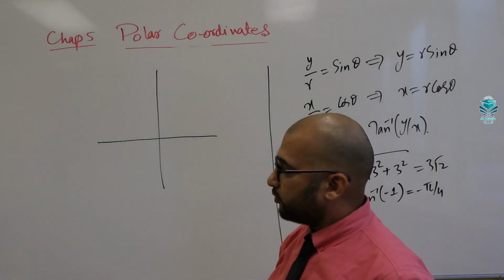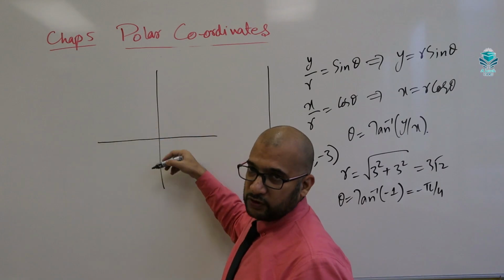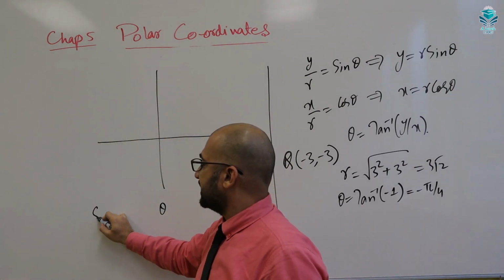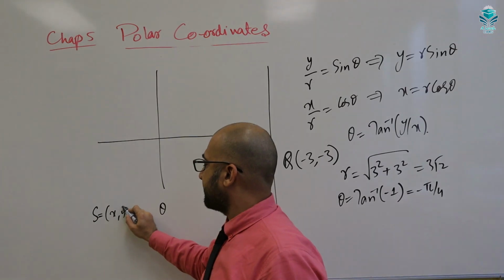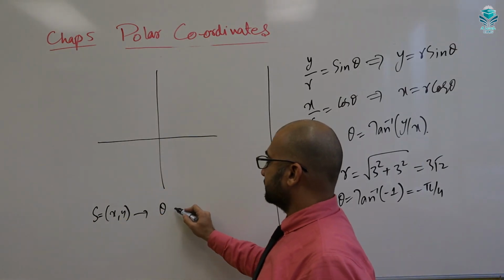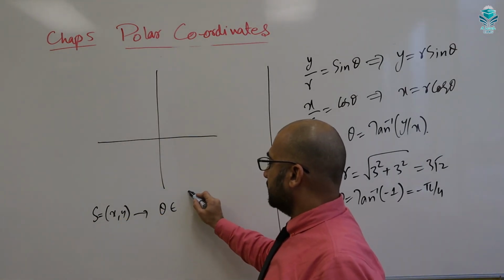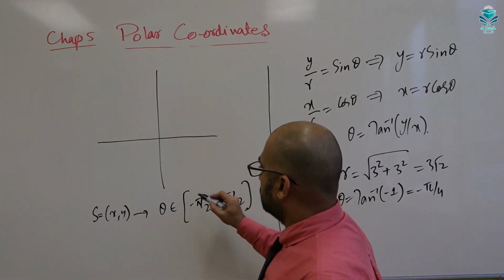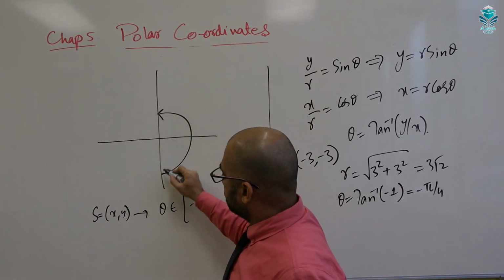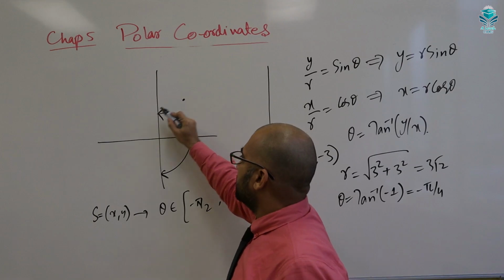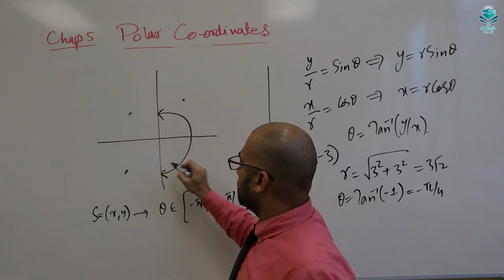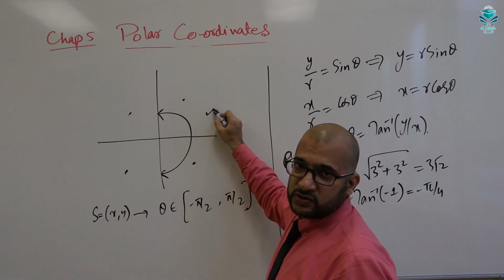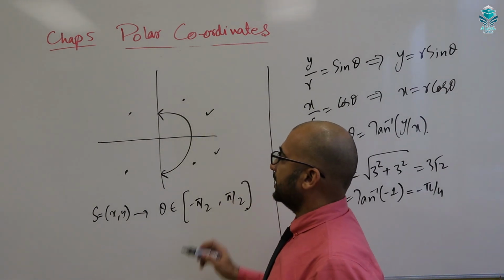Student, let's say you have a point P in any of the quadrants. The angle that you will measure must lie in the fourth to first quadrant. Maybe your point lies here, here or in the fourth quadrant, but your angle will always be in the first quadrant or the fourth quadrant.